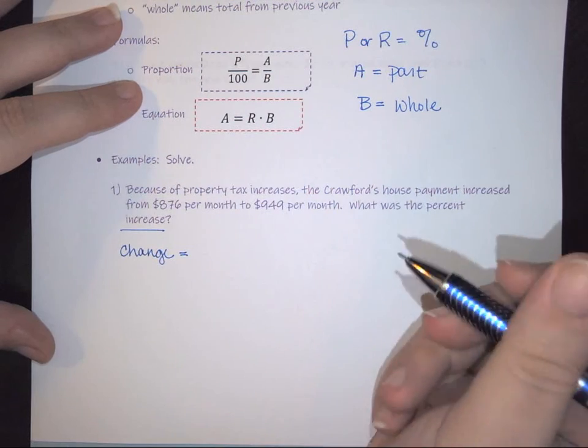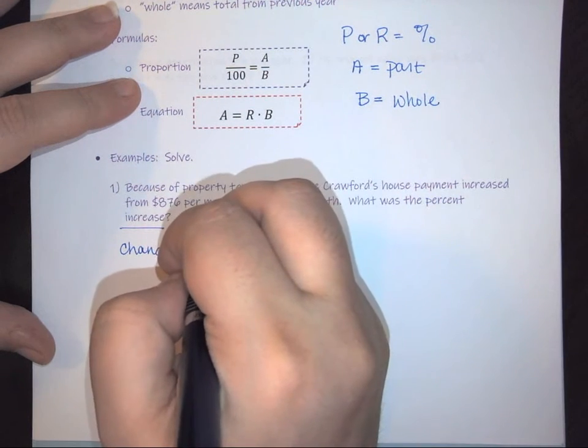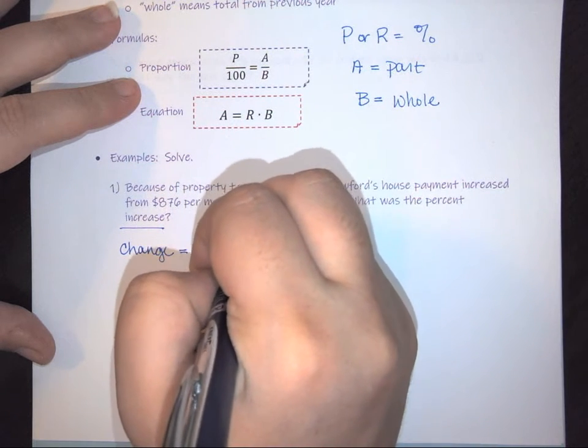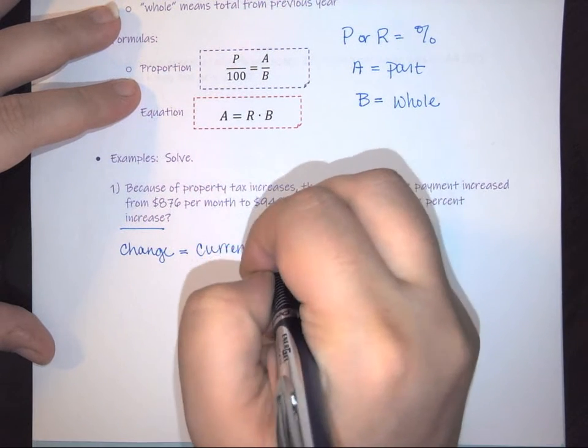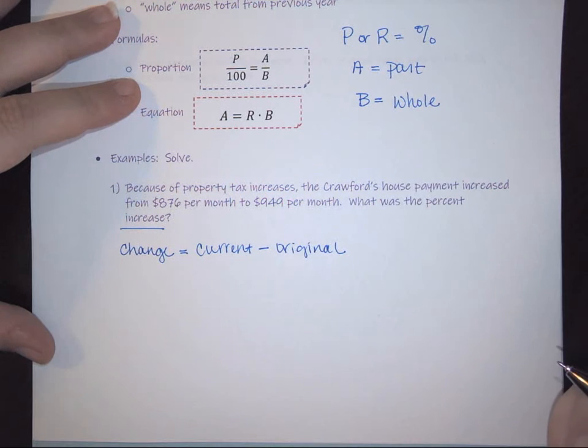So the change in value is going to be current minus original, and we're doing that because this is an increasing problem.